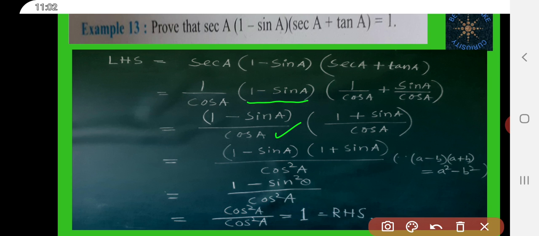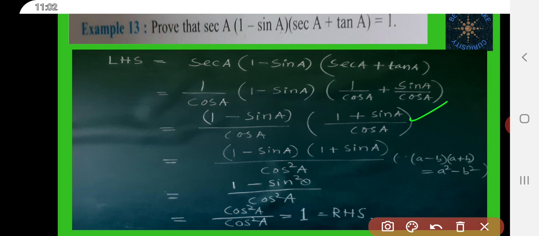Here you take LCM, LCM is cos a, then you add 1 plus sin a. As the LCM is same with the denominator, you just add the numerator, that is 1 plus sin a.